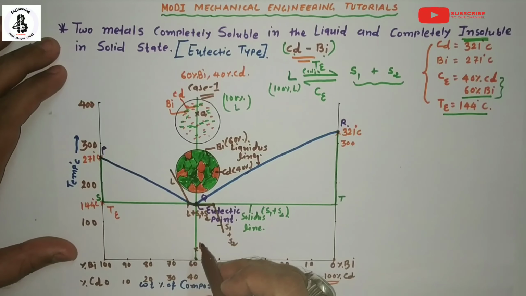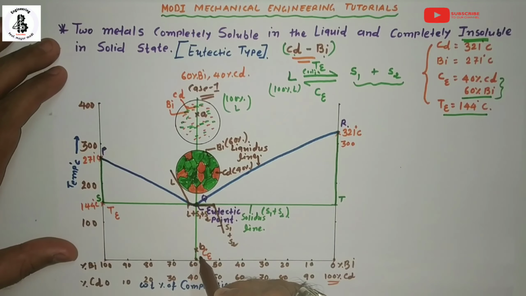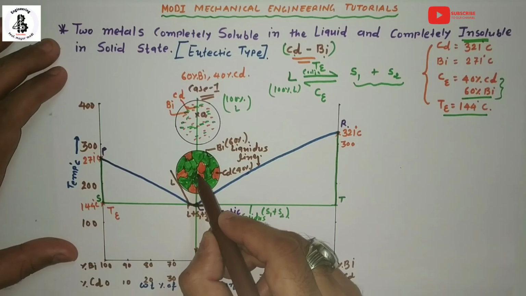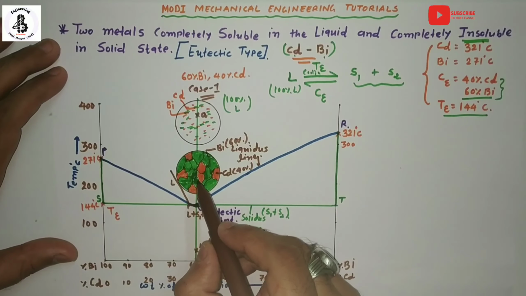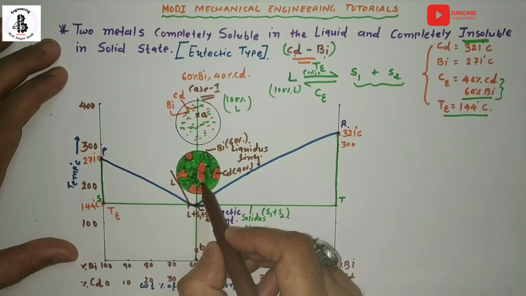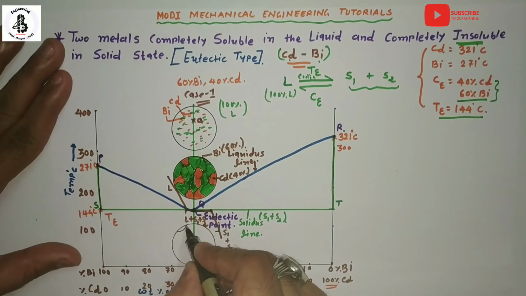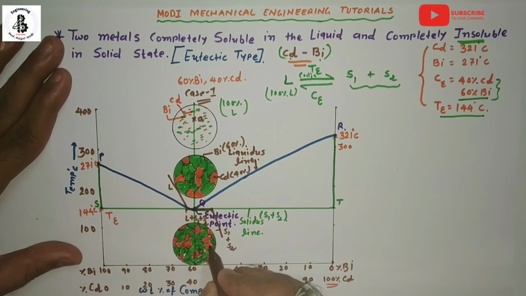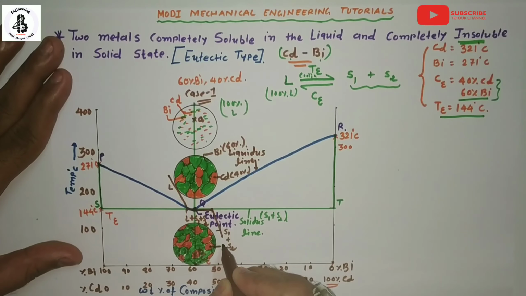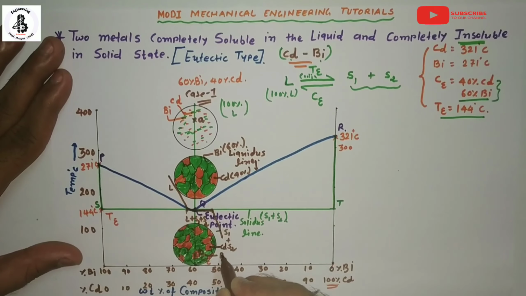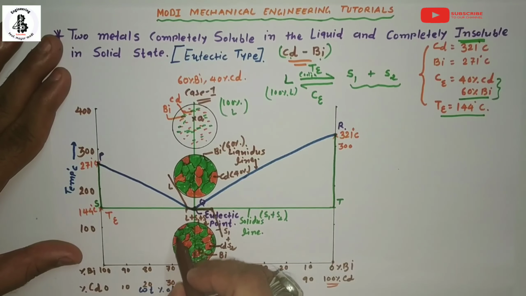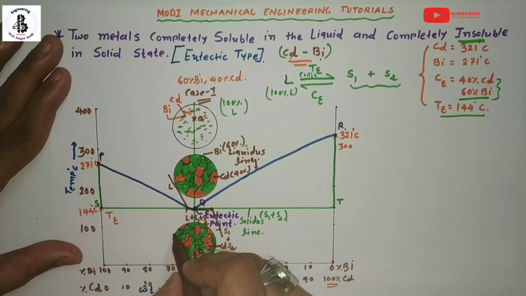Now I would like to draw a microstructure at room temperature. For room temperature, there will be a refinement of the structure, or you can say a rearrangement of the structure. This is the cadmium, and this green acts as bismuth. At room temperature, it makes different grains and grain boundaries.